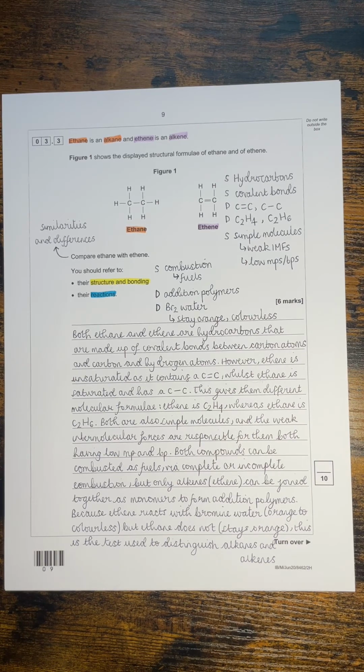So both ethane and ethene are hydrocarbons. That's a similarity in their structure and bonding, that they are made up of covalent bonds between carbon atoms and carbon and hydrogen atoms. That's another similarity in their structure and bonding. However, ethene is unsaturated as it contains a carbon-carbon double bond, whilst ethane is saturated and has a carbon-carbon single bond. That's a difference in their bonding.